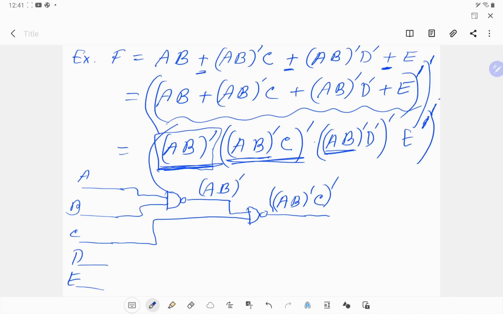Now we need D prime. So we need an inverter, and the inverter also must be made of NAND gates only. This we get here, D prime, then another NAND gate.